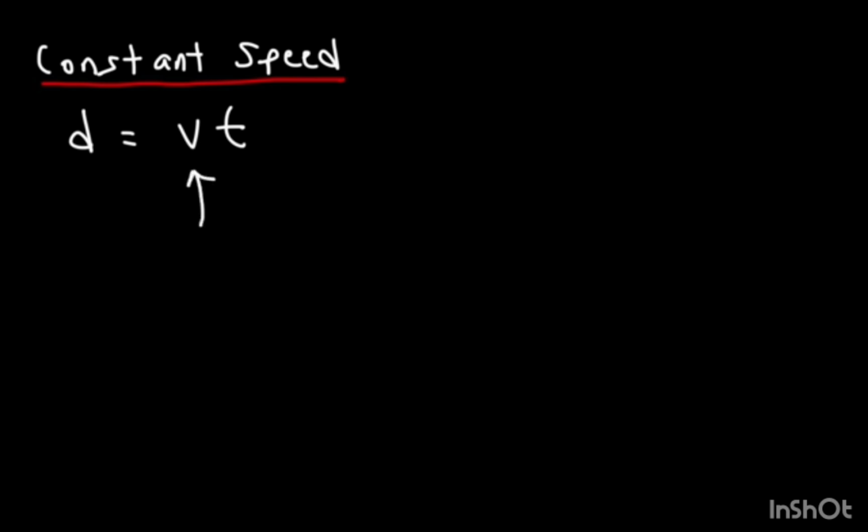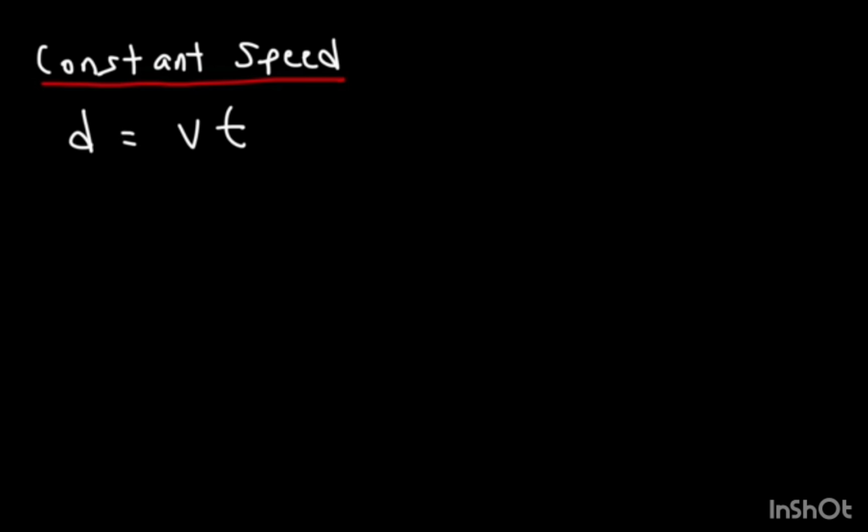For v, you could use speed or velocity. It's going to work if you're dealing with constant speed. But understand this though, if you're using v as speed, then d is going to be the distance. If you're using v with reference to velocity, d is going to represent the displacement.